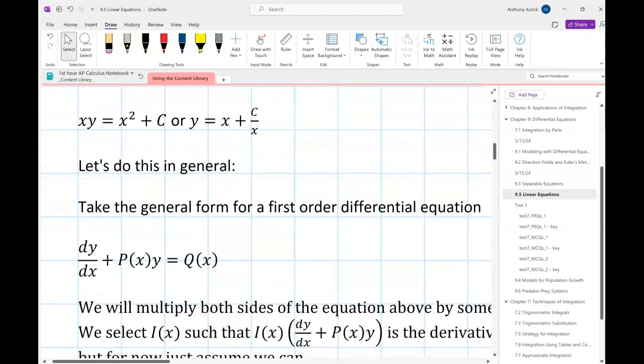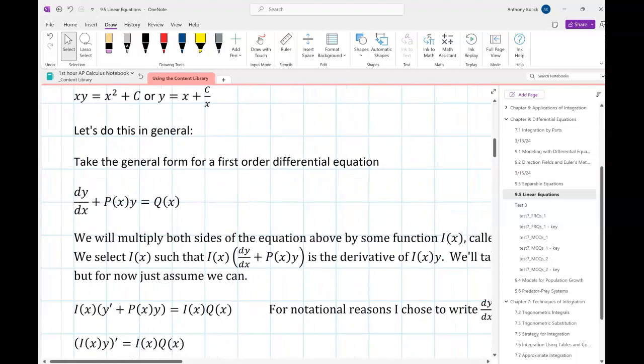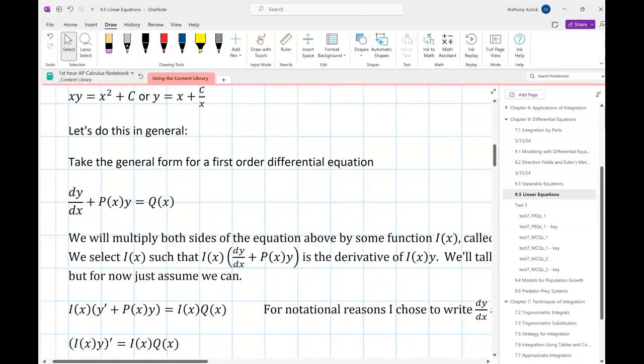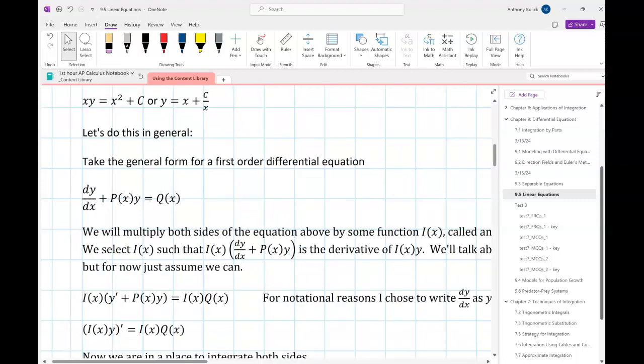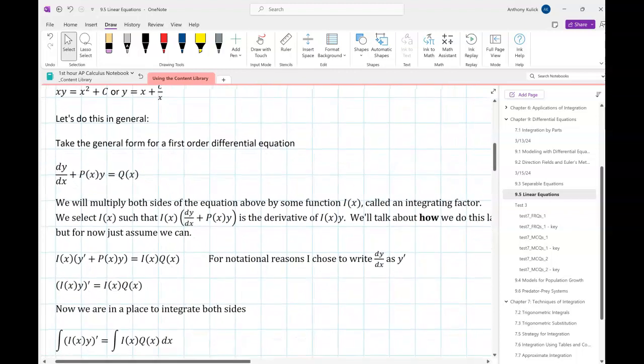So let's do this in general. Okay? So let's take that first order linear differential equation, dy/dx plus p of x times y equals q of x. I'm going to multiply both sides of this equation by some function that I'll denote as I of x. We call this the integrating factor.